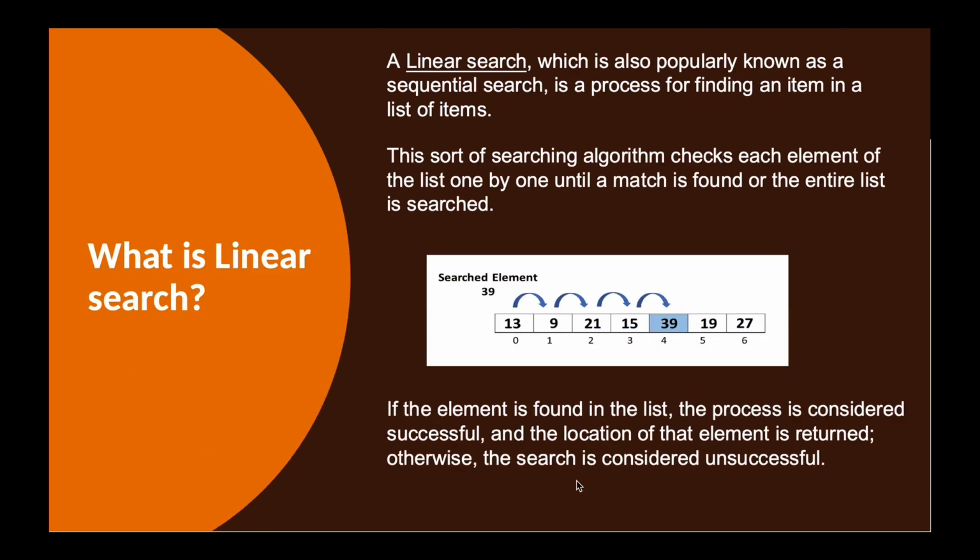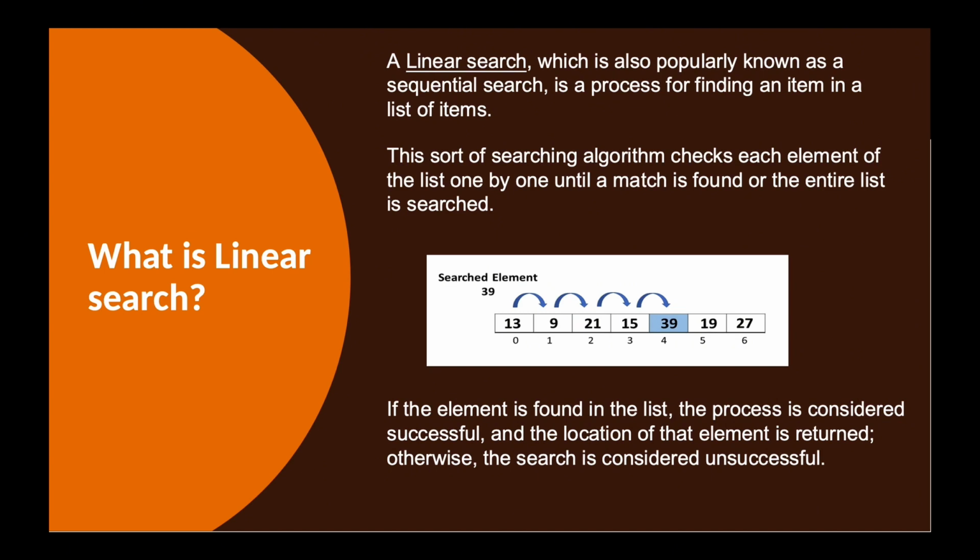Now, what is linear search? Linear search, which is also popularly known as a sequential search, is a process for finding an item in a list of items. It is popularly known as sequential search because it moves from 1 to 2 to 3 to 4 and so on.